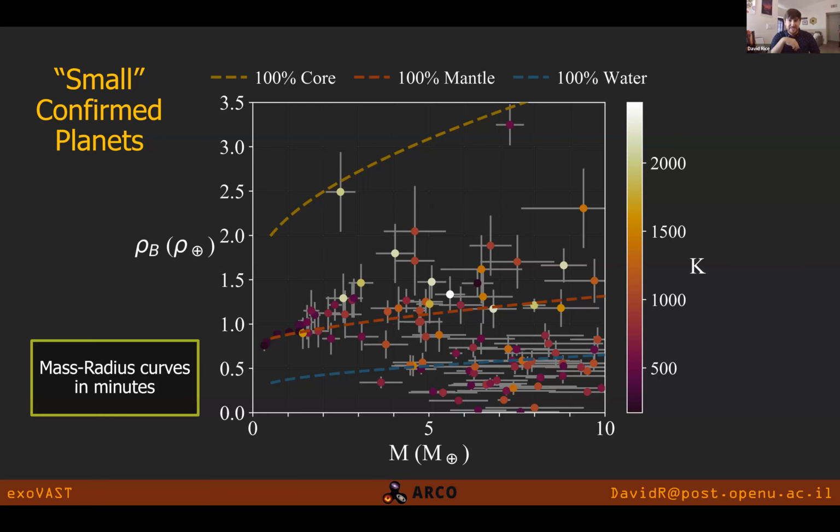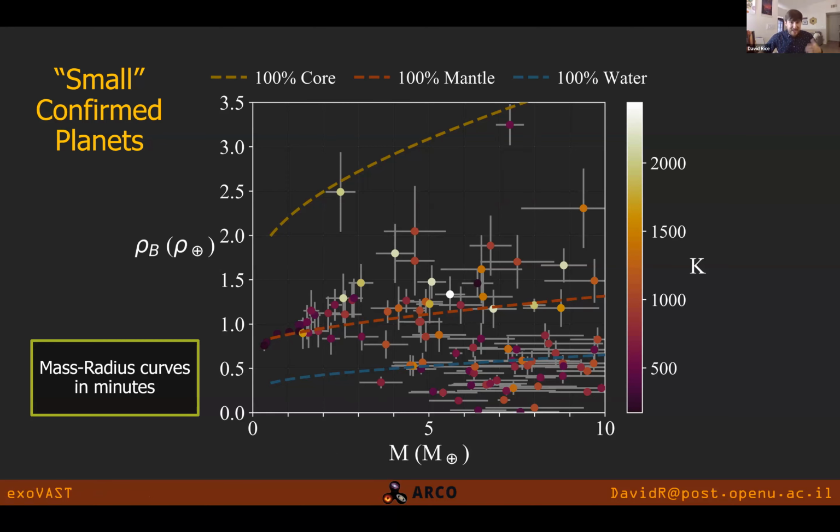So these aren't independent measurements, but you can see these different groupings of iron-rich planets, mantle-rich planets, and water-rich planets, and even planets that require some atmosphere. So you can make these mass radius curves, provide a small document of masses and isocomposition, and MAGRATHEA will solve it in just a few minutes.